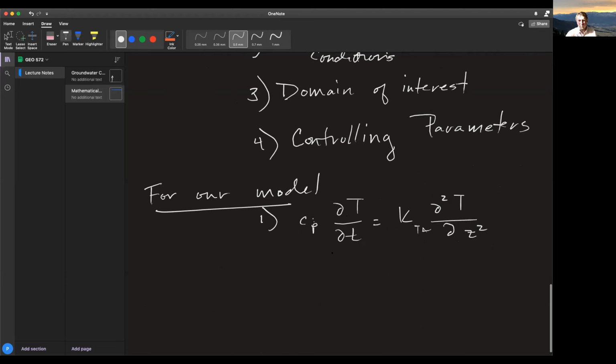Our domain of interest is a 1D line from 0 to infinity.